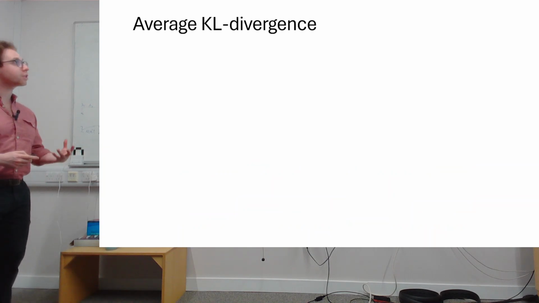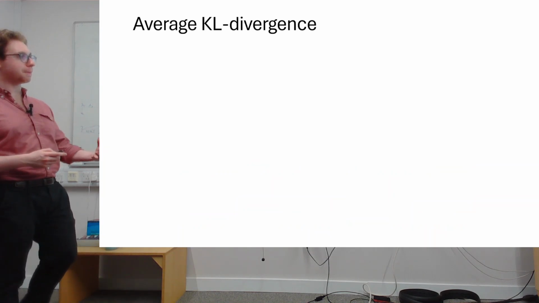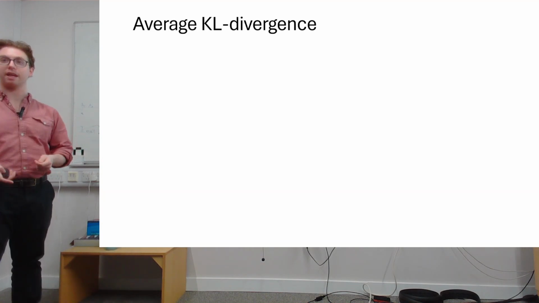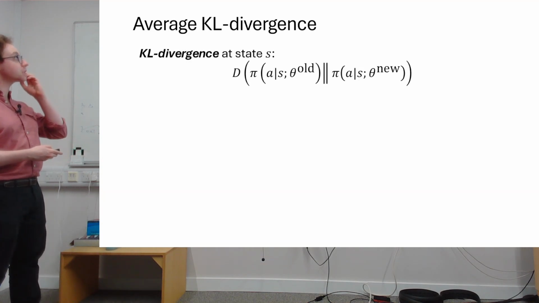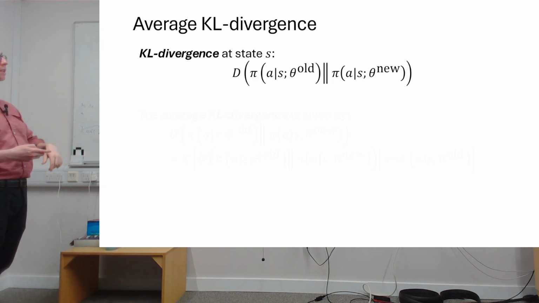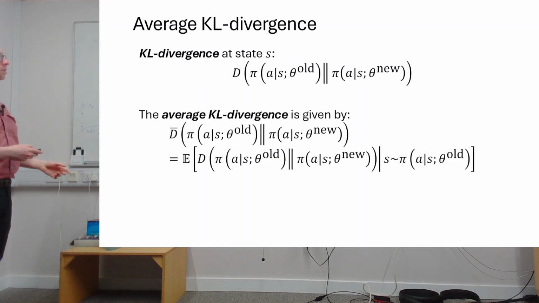Right, so for the average KL divergence, I'm going to take this measure of the difference of the policies at each state, and I'm going to average it. So this is the KL divergence at a state S, which is what we saw on the previous slide. And then I'm going to average this across states drawn according to my old policy. And this is the average KL divergence, which I'm going to write like this, with a D bar, right?